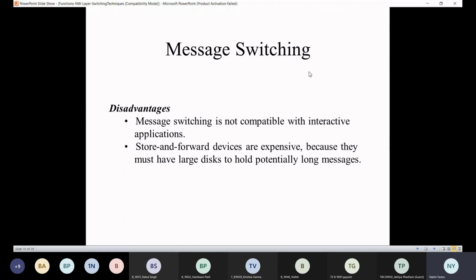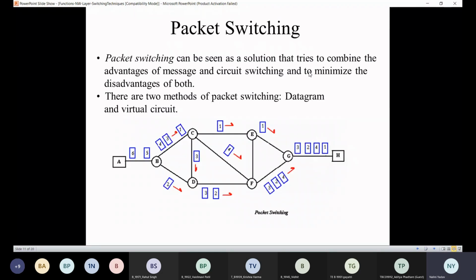It is very, very expensive when we think about the store and forward method of message switching. Fine.